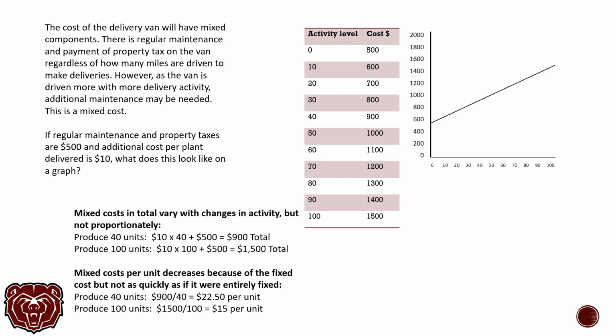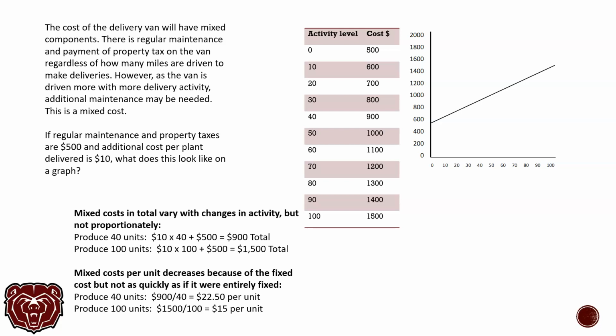Okay. So mixed costs in total vary with changes in activity, but they do not vary proportionately. So let's say the cost to produce those 40 units is 40 units times $10 per unit delivered. That's $400 plus the $500 fixed cost for maintenance and property taxes is $900 total, but it doesn't increase proportionately.